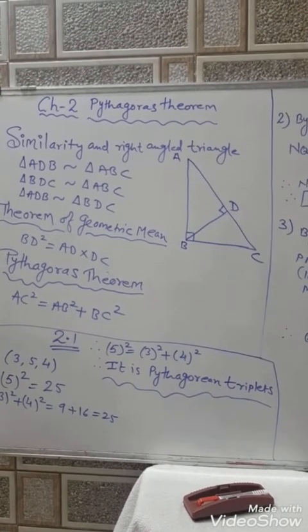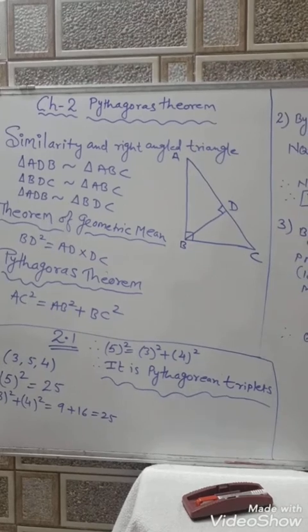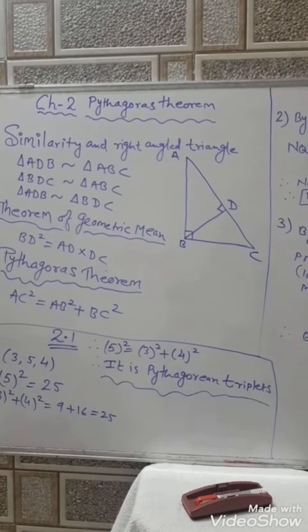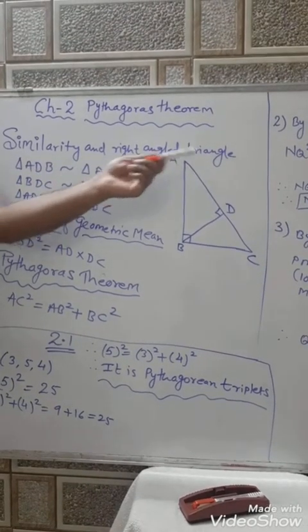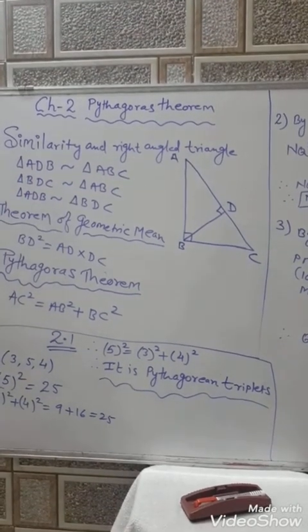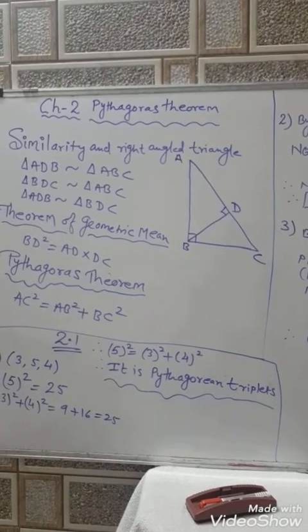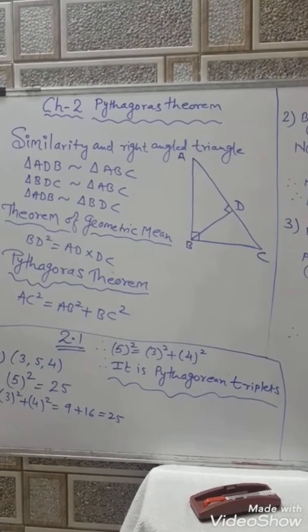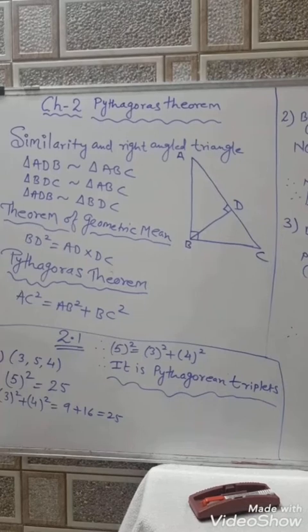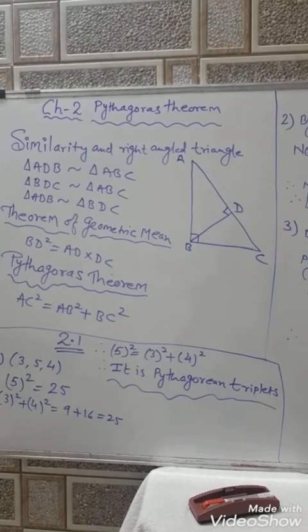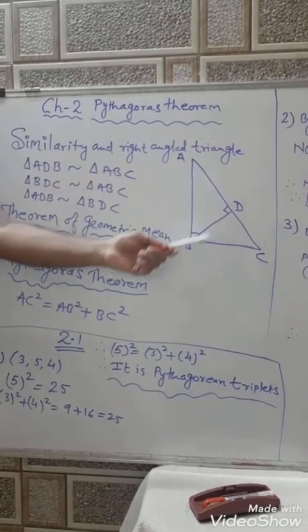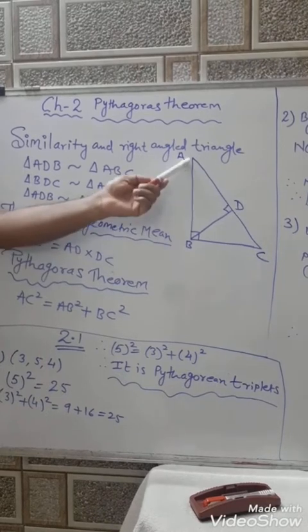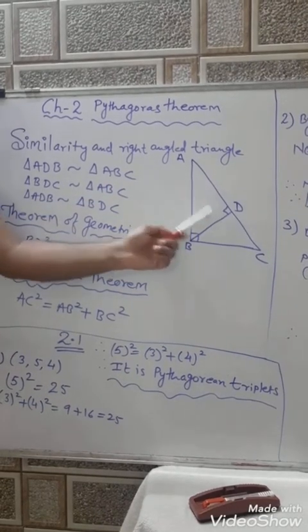So before starting with that theorem, the first part is similarity and right angle triangle. We already did similarity in chapter 1. Then we know how to prove the triangles are similar. So the same way, ADB is similar to ABC, that we prove.